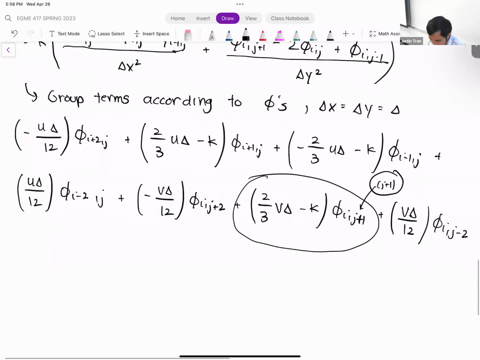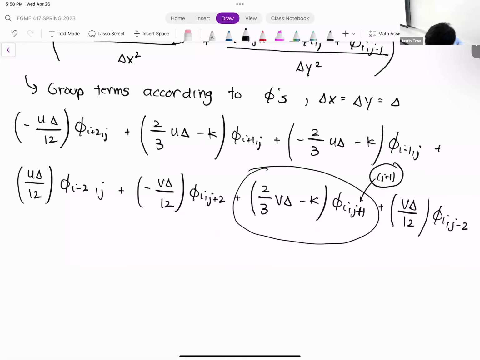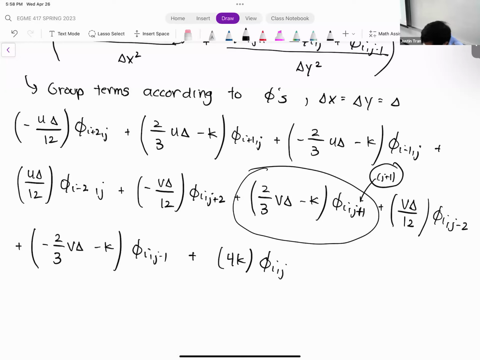All right, and so the real j minus 1 term is actually quite similar: minus 2/3 v delta minus k, phi i comma j minus 1. And then finally, we have the i comma j term, which is just 4k phi i comma j, and it's all equal to 0.